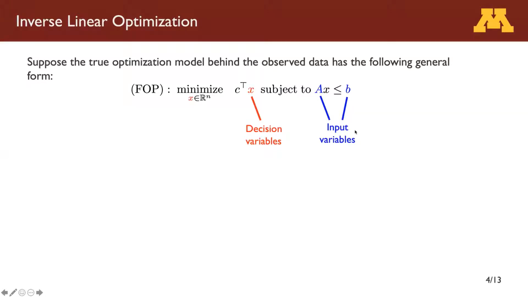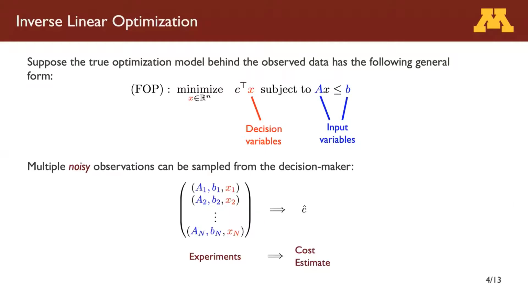Now these input variables are things that you can control and can change to extract more information from the decision maker. For instance, if we consider the case of modeling customer preferences, one can change the prices to see how the behavior of the customer evolves with the changing prices. Now in this work, we consider that the structure of the constraint matrices is known, and the only thing that is required to be estimated is the cost vector.